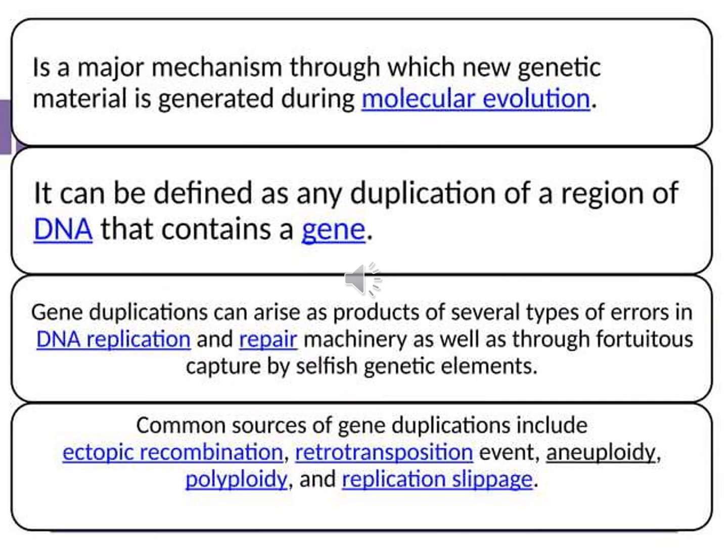Unequal crossing over occurs during meiosis, where misaligned homologous chromosomes can lead to duplication of gene segments.